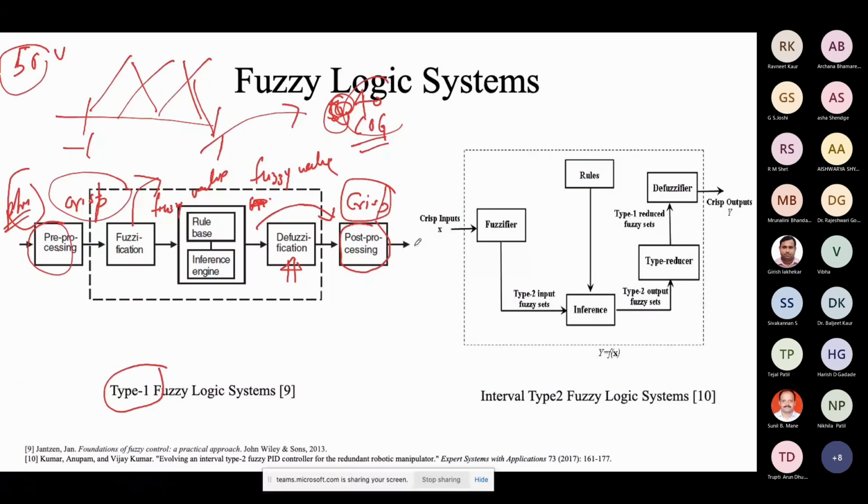And in the case of type 2 fuzzy, what is the major difference between type 1 and type 2? We have a type reducer, where we are converting type 2 to type 1. The same blocks, the same things we do with type 2 as well, but the major difference is the type reducer.